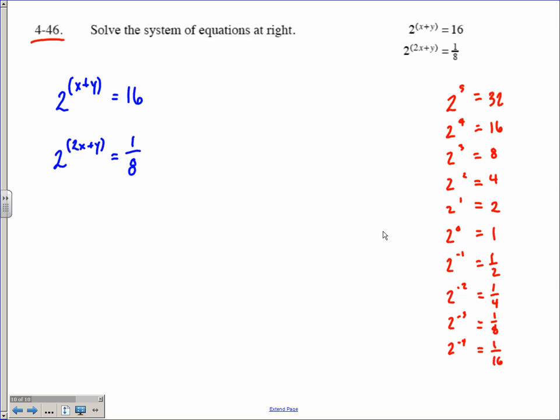The reason we did that is because there are a couple of important values you need to look at. We have 2 to the negative third power is equal to 1/8, and 2 to the fourth power is equal to 16.